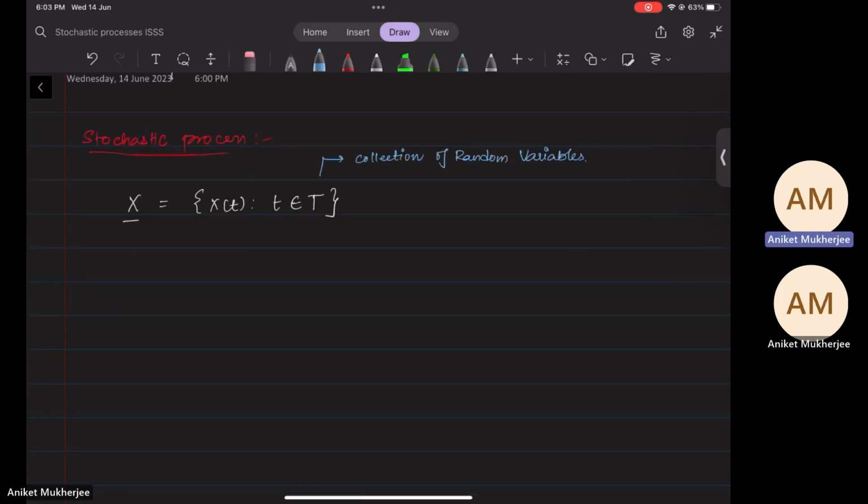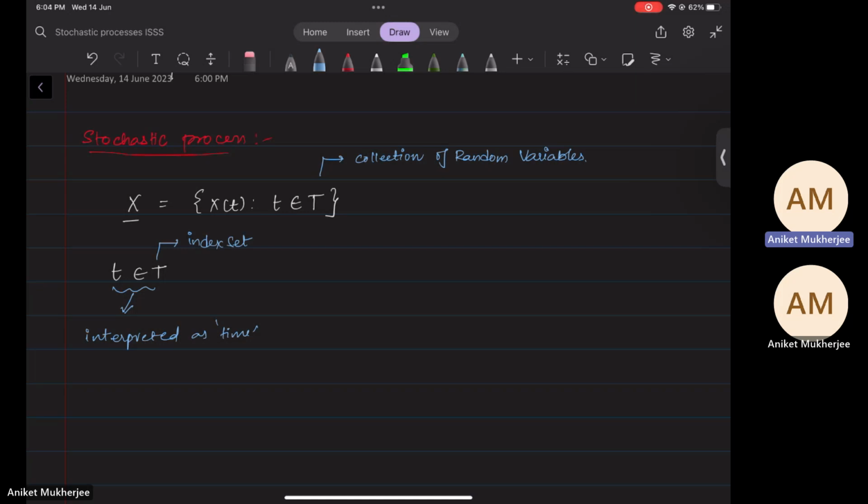So what we have here is t belongs to capital T, which is known as the index set. This index set is usually interpreted as time, because we have many random processes where we see at what time what happens in some system. So it is indexed by time, but it need not be time always.